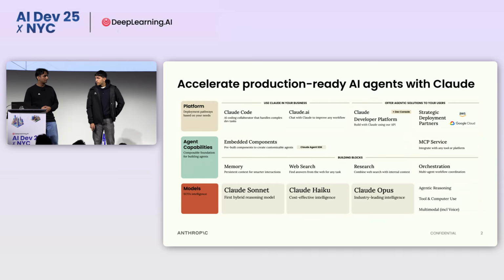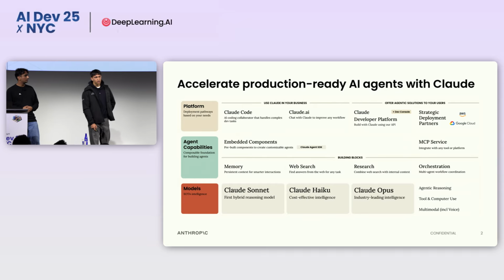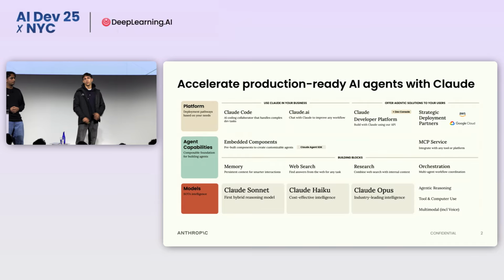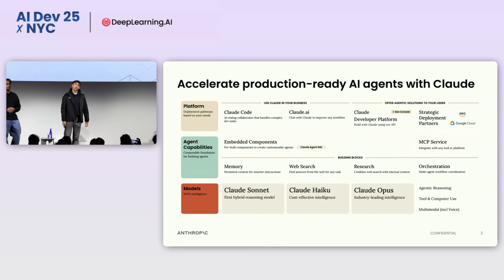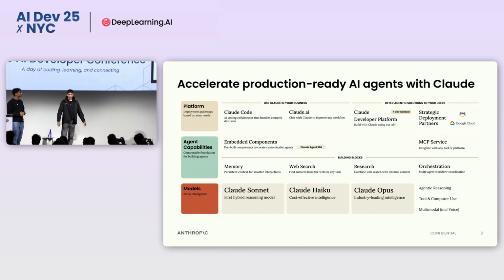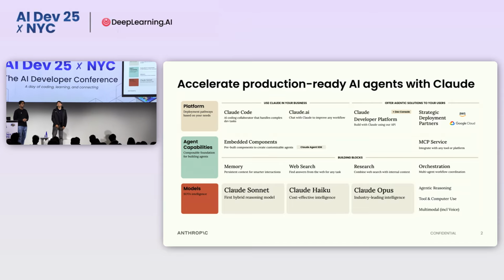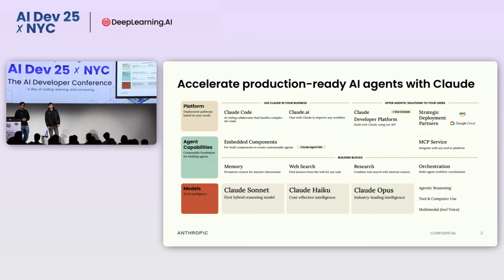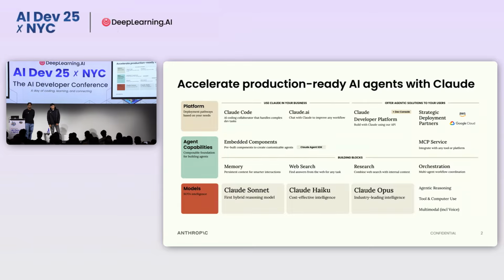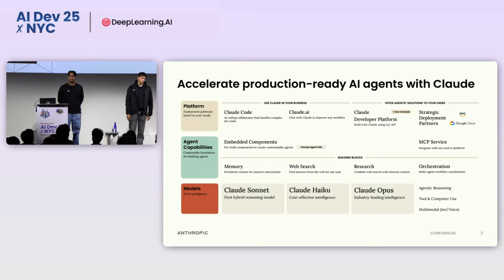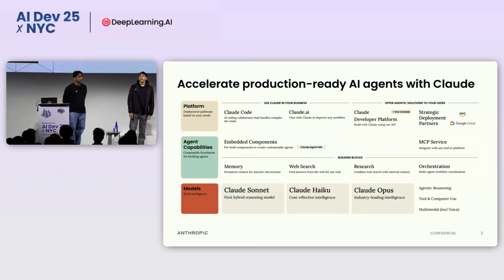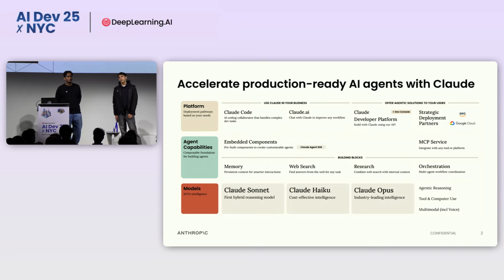So let's get started. To kick us off, I want to take you all through the suite of products that Anthropic offers to give you a quick summary of things. And I'm going to present this in the form of a stack because I think that's the most intuitive way to think about it. At the bottom layer, obviously, is what Anthropic focuses on a lot, which is the models. You all know that we have three classes of models.